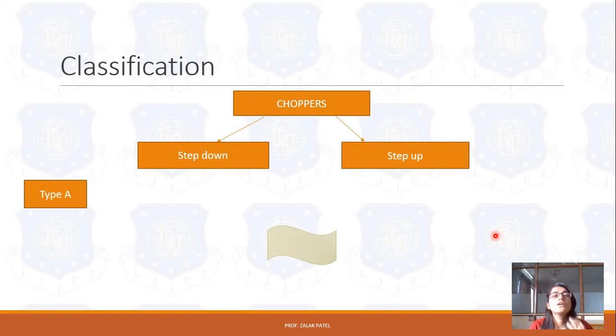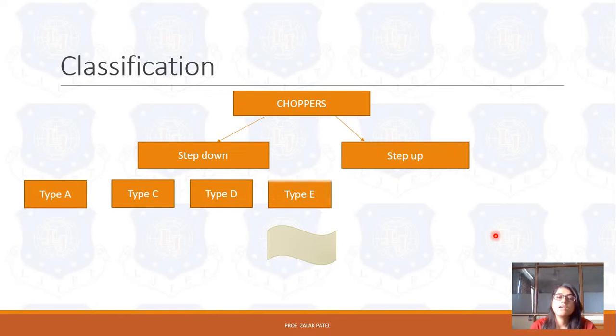Step down can further be classified into type A, type C, type D and type E choppers. Each type of chopper will be discussed in the next lectures in detail, that is, what is the operation of type A and which type of waveform we can get by using it. So this is the classification.